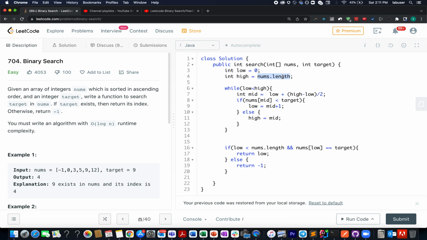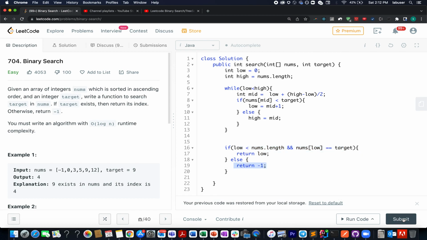If such a case is reached, we again have to make sure that the number was not present, as a result of which we should check whether nums.low would be equal to target, because when this loop breaks, low would be equal to high. So you can check high as well or low, it doesn't matter. In case it is equal to your target, you return low, otherwise you return minus 1.